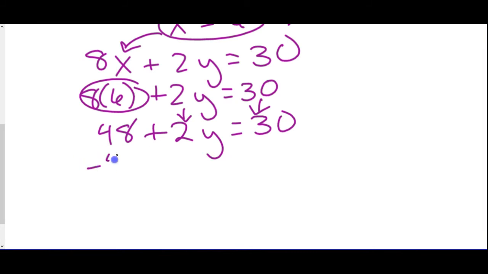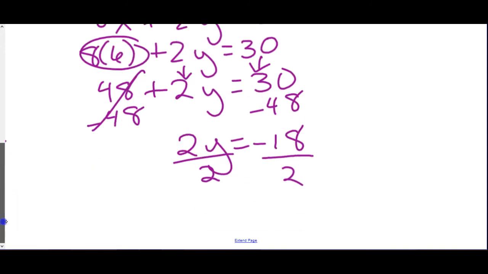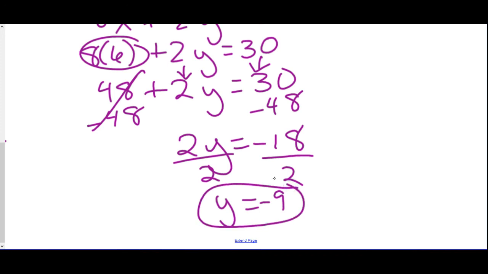We have to do opposites, so we're going to have to minus 48 from both sides. Just bring the 2y down again. 30 minus 48 is -18. And then divide both sides by 2. So y equals -9. So our x value was +6, our y value is -9. So those are our two ways to solve a system of equations algebraically.